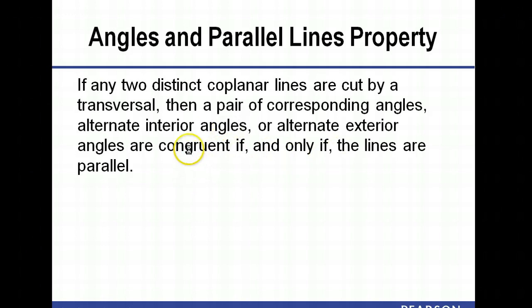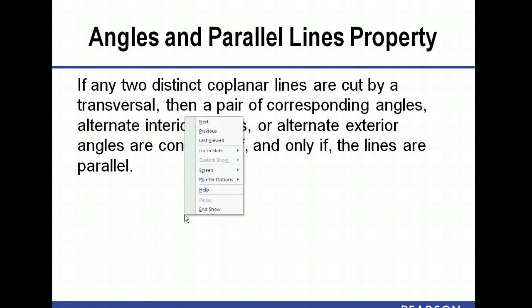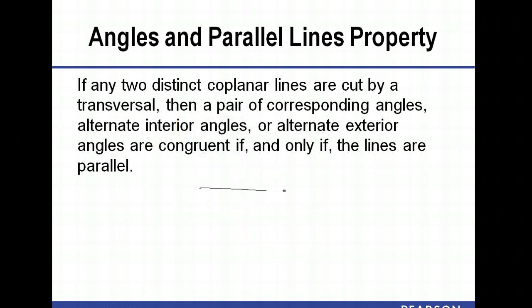Okay, and I'll just make you a little sketch here, right? So if we have two parallel lines, pretend those are parallel, and I have a transversal, then what we're able to say is that corresponding angles, like these here, are going to be congruent. We could also say that alternate interior angles would be congruent.